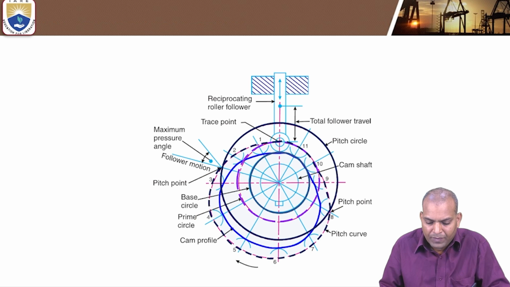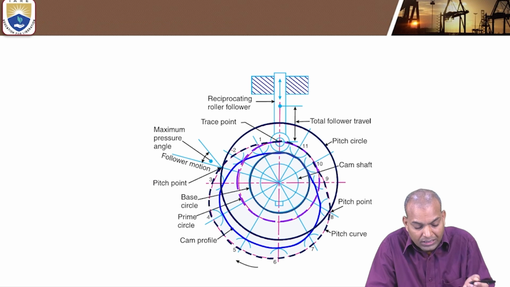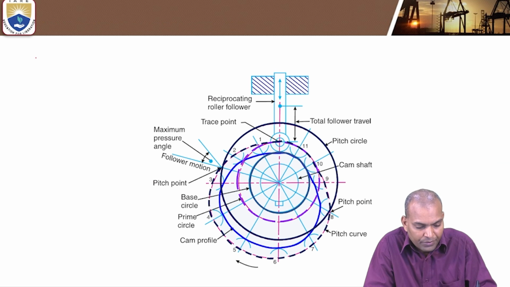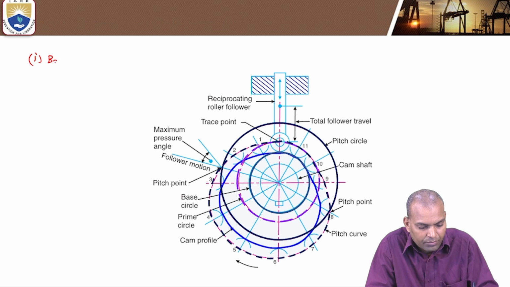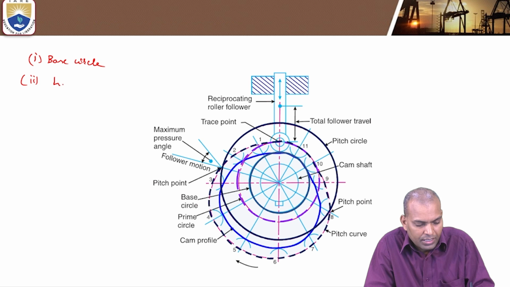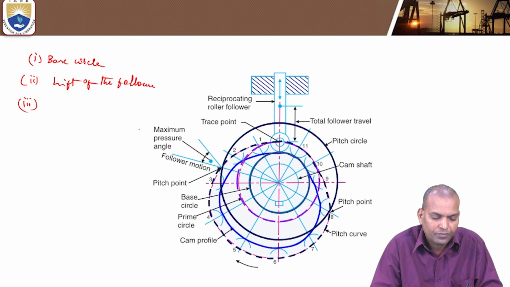Now finally, these are all the terms and curves in one picture. So what are the values here? What types of circles are important for drawing the cam profile? The base circle radius is required. Next, the lift of the follower. These are the parameters required to draw the cam profiles.